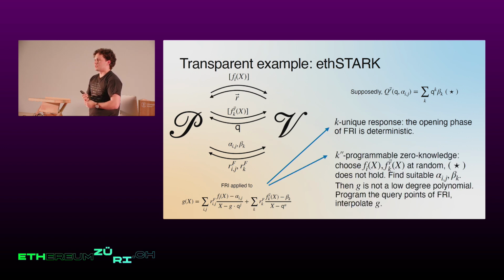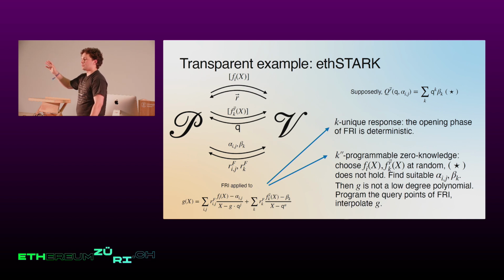And why is it programmable zero knowledge? Here the technique is essentially similar to what we had for Plonk: the simulator is going to choose the polynomials completely at random. So again, this is bad. Usually it won't satisfy the equation star at all. So what you do is forget about the polynomials. Let's just choose alphas and betas such that the constraint equation holds.